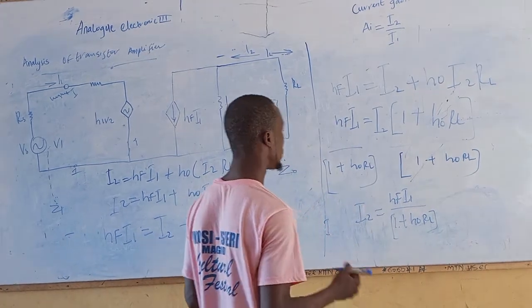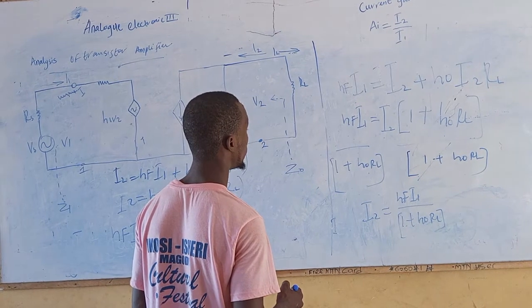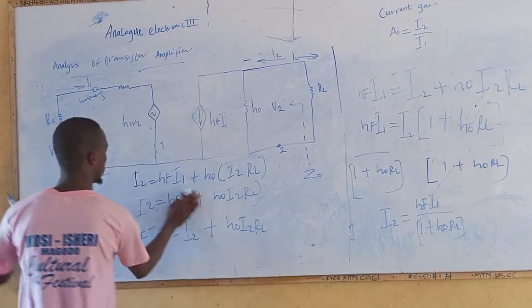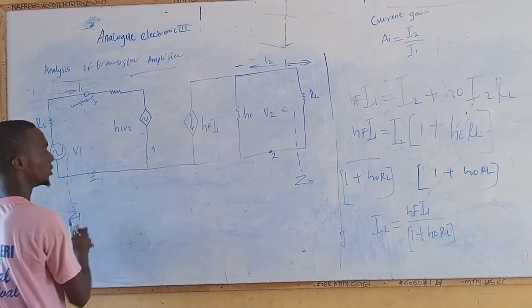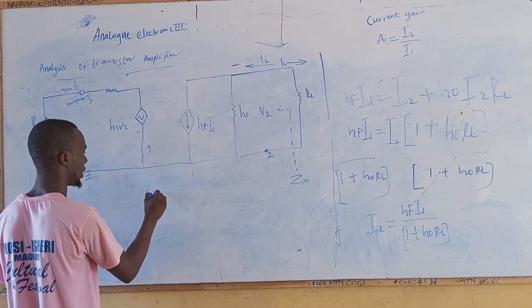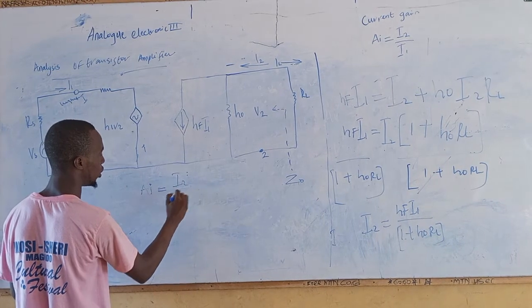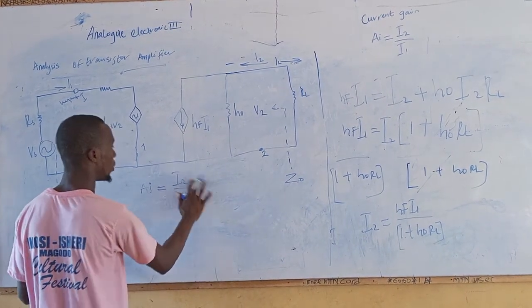You can recall that we shared our AI. Let us go back. That is our AI, which is equal to I2 all over I1.